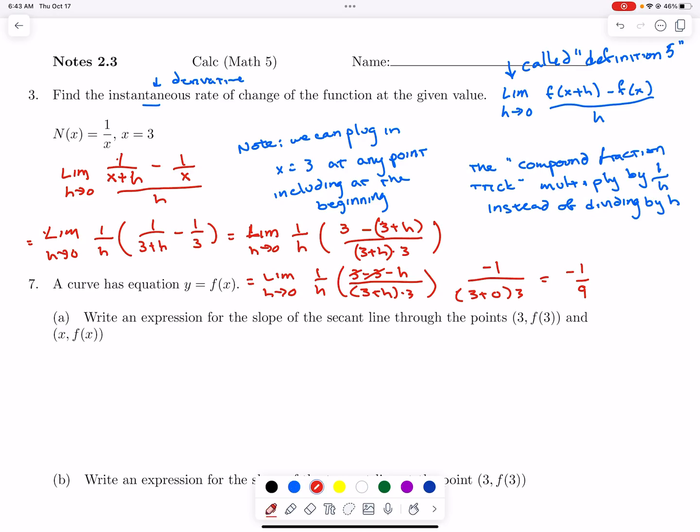Right, a secant line is a line crossing between 2 points. So we do our standard rise over run, not derivative.